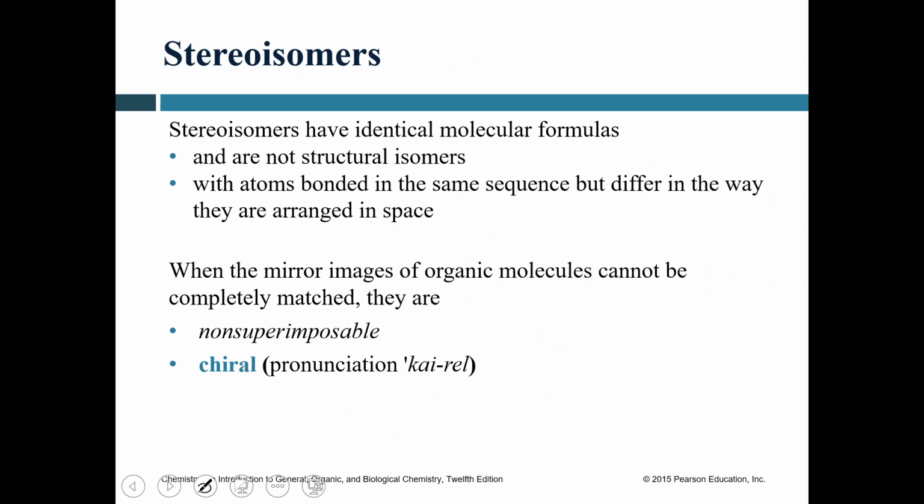Stereoisomers also have identical molecular formulas, but they are not considered to be structural isomers. In stereoisomers, atoms are bonded in the same sequence, but atoms differ in the way they are arranged spatially.